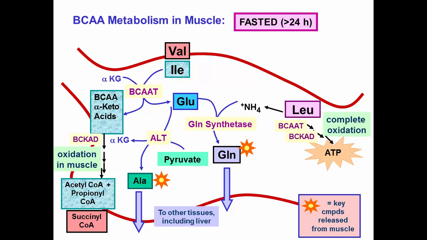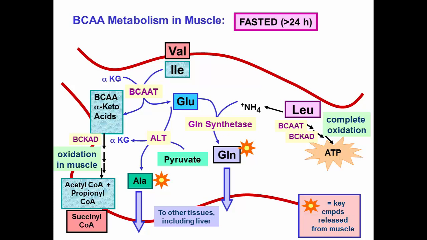Under these conditions, leucine that gets produced from protein breakdown, I've written it over here, gets BCAAT, and then it goes to the BCKAD, and then immediately, because it yields acetyl-CoA and acetoacetate, gets oxidized very rapidly. It produces a lot of energy, basically supplies energy to the muscle, completely oxidized.